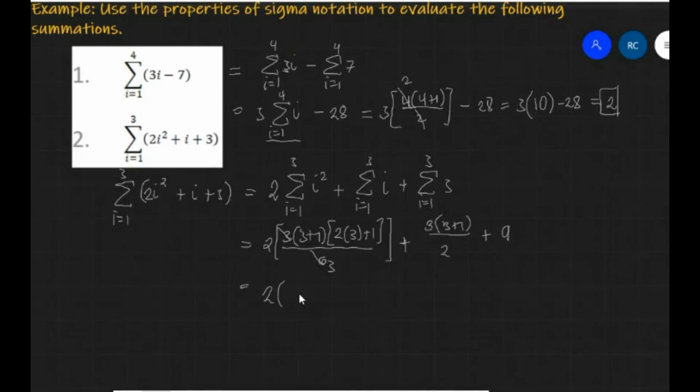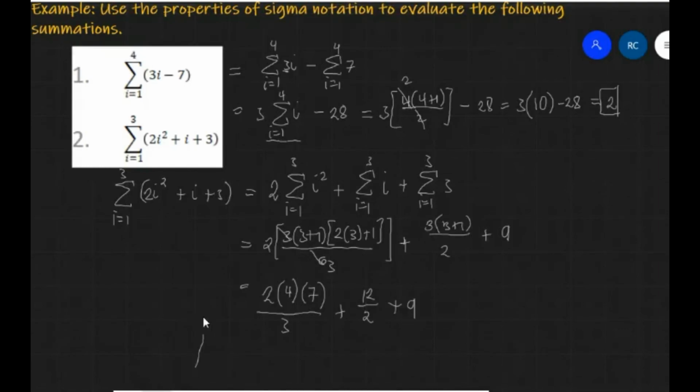So, ito ay 4 times 4 at 2 times 3 is 6. 6 plus 1 ay 7. So, times 7 dito over 3 plus, ito ay magiging 4. 4 times 3 is 12 over 2 plus 9 ulit.